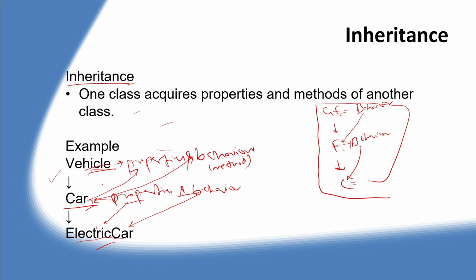So car will inherit the properties and behavior of vehicle, and electric car will inherit the properties and behavior of car. Not only car: see, child will inherit the behavior of father as well as grandfather. Similarly, electric car will have properties and behavior of car as well as vehicle. So what is written: one class acquires properties and methods of another class.